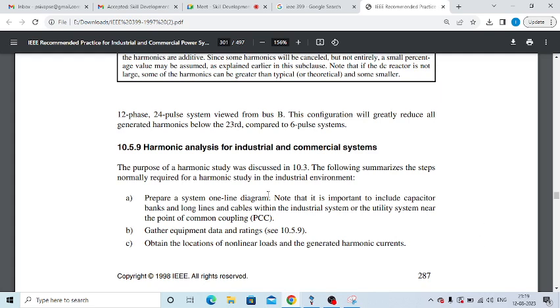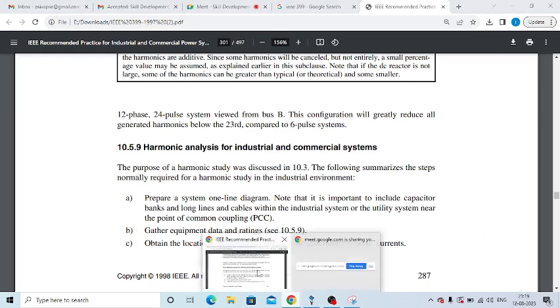The single line diagram has the latest additions and deletions of the system. So in simple words, the single line diagram is the updated one, and all the network elements for the particular system are included in it.